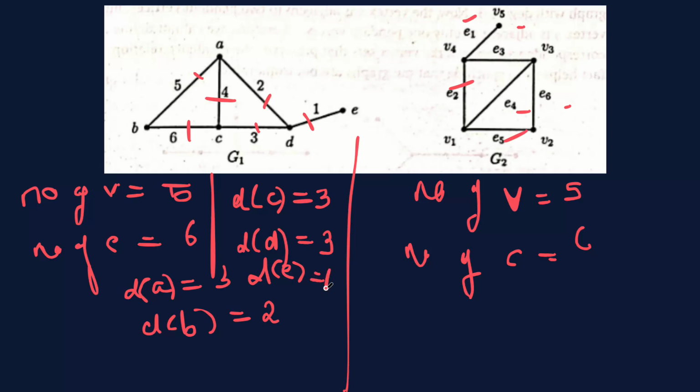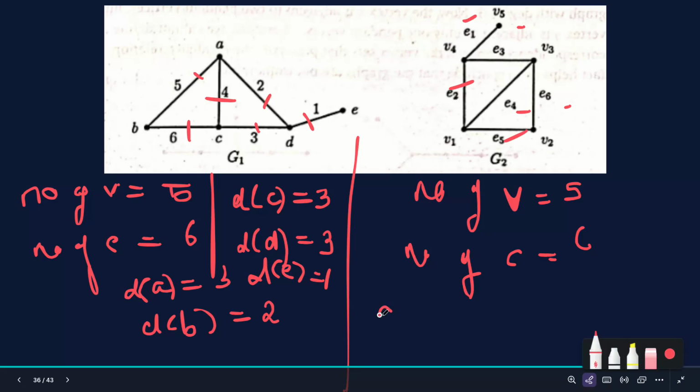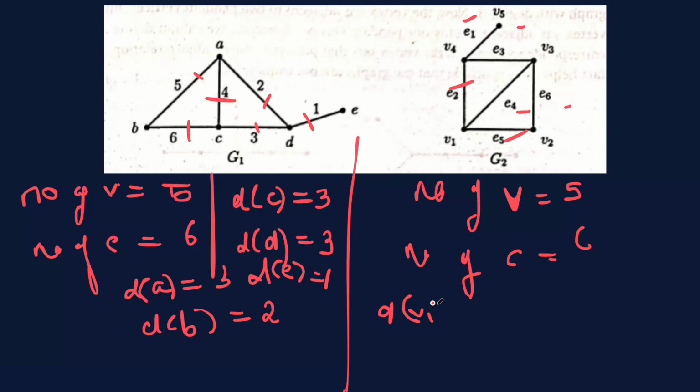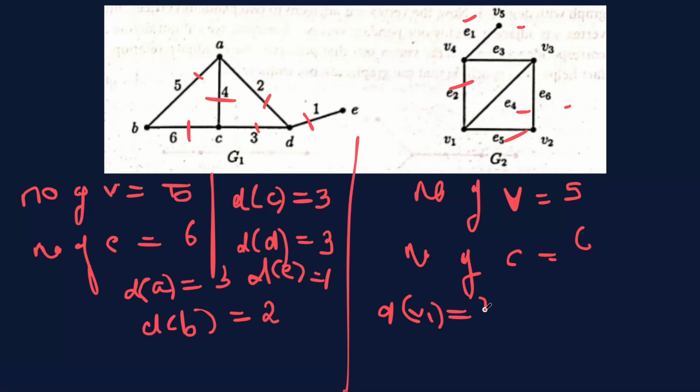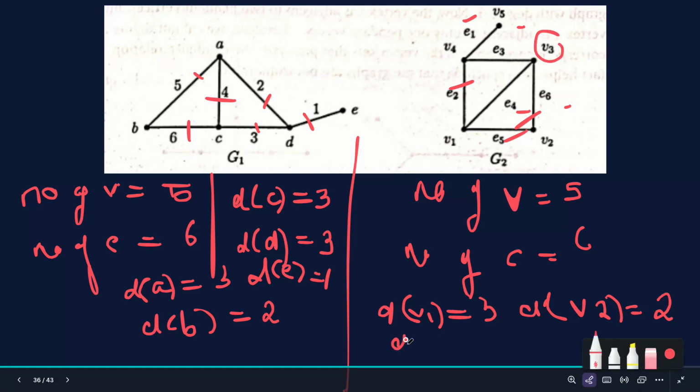Fine. Now on this side, let us find the degree of vertex V1. V1 has 1, 2, 3, so it is 3. Now the degree of vertex V2 is 1, 2, only 2. Now V3: 1, 2, 3, so the degree of vertex V3 is 3.